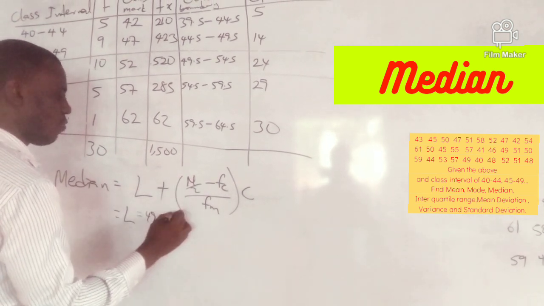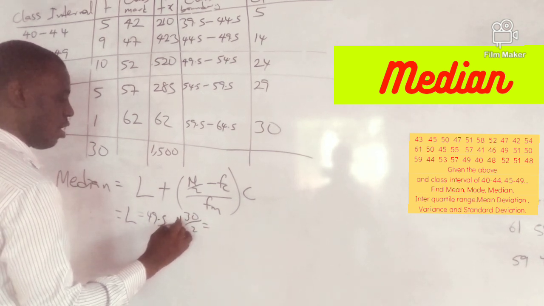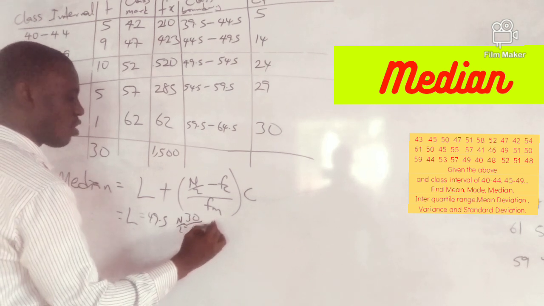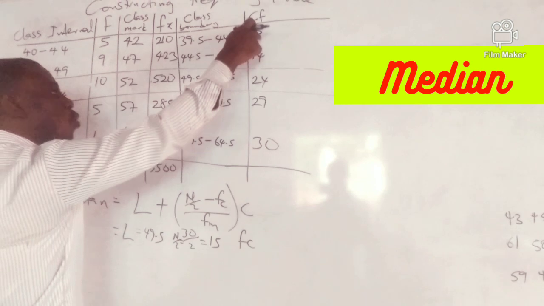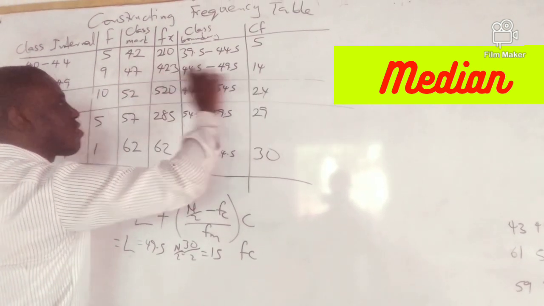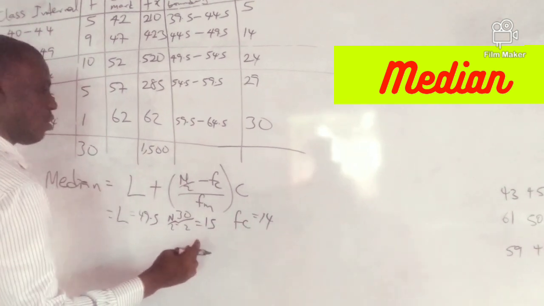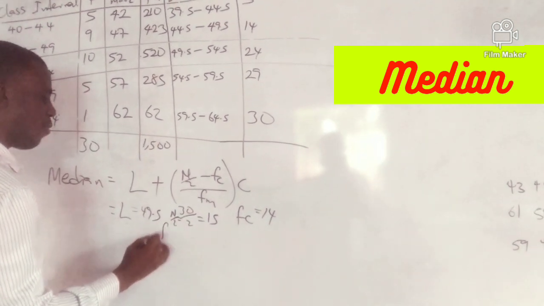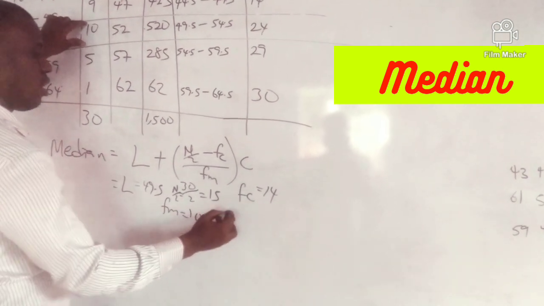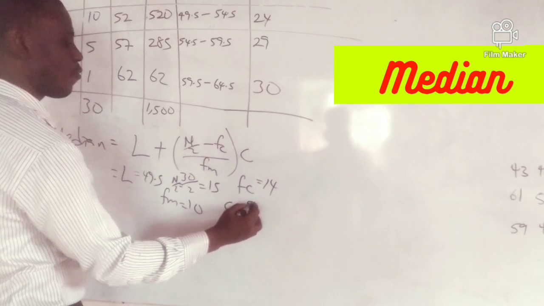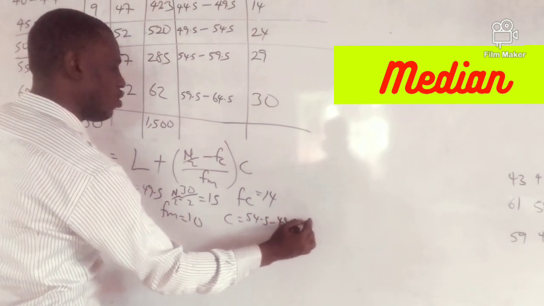N over 2 is 30 over 2, that's 15. FC is the cumulative frequency before the median class, that's 14. The frequency of the median class is 10. And your C is 54.5 minus 49.5, which is 5.